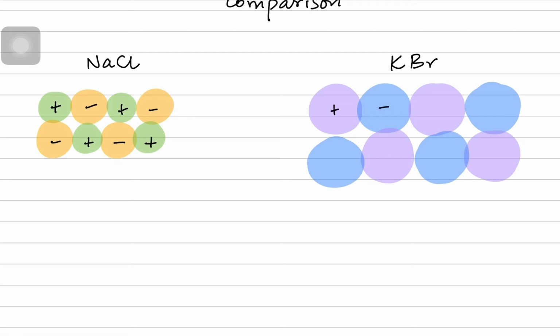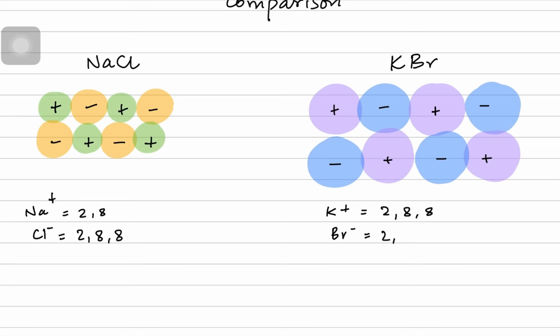The charges are still the same, but the sizes are different, because sodium had a configuration of 2,8,  chloride had a configuration of 2,8,8, and potassium and bromide likewise have more shells. I'm not writing the exact configuration. The idea is more shells.